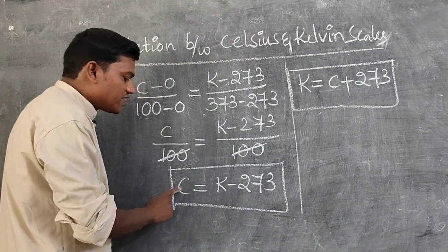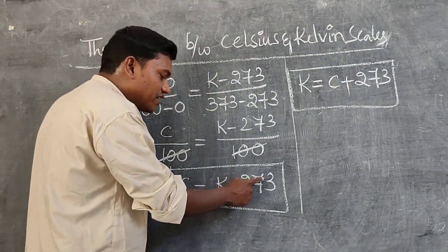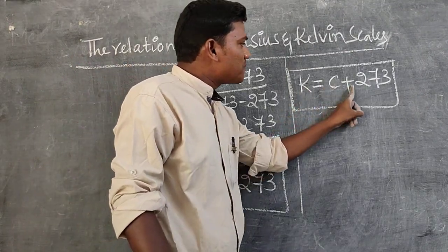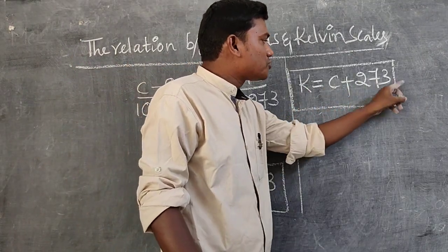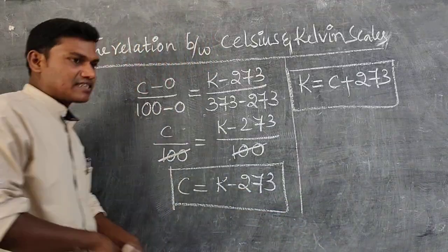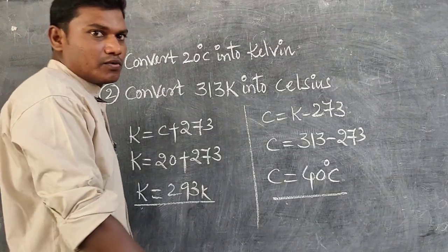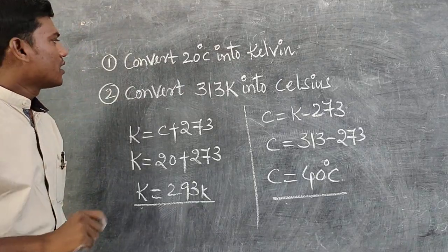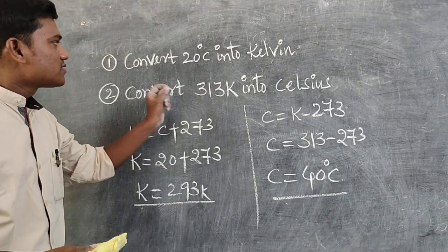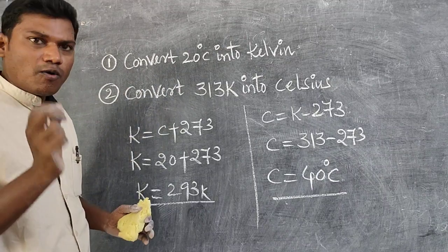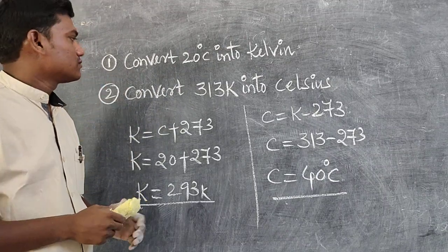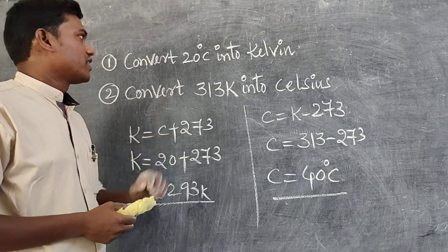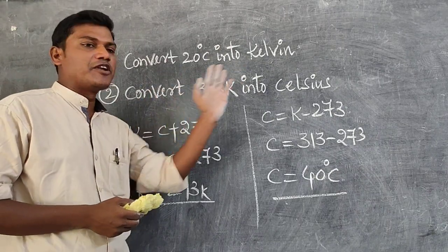So C equals K minus 273 is used to convert into the Celsius scale, and K equals C plus 273 is used to convert into the Kelvin scale. Now, for your understanding, I am giving some examples of how we can solve numericals on converting Celsius to Kelvin or Kelvin to Celsius.